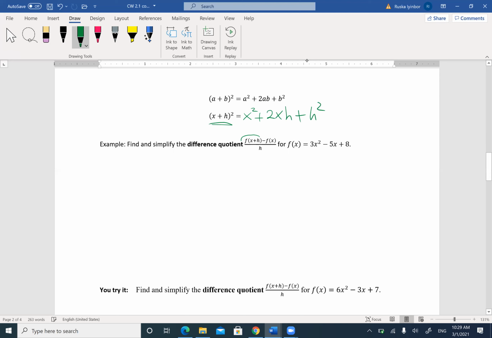If you want to use this as a formula, x plus h squared is this one, and you can just copy that.